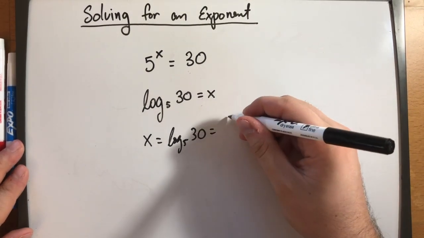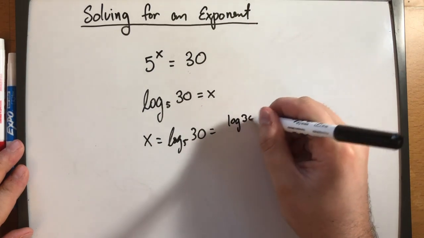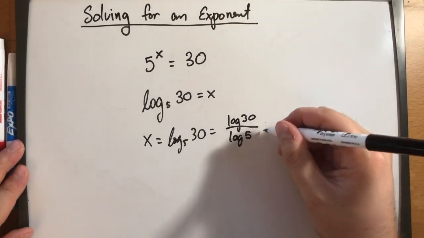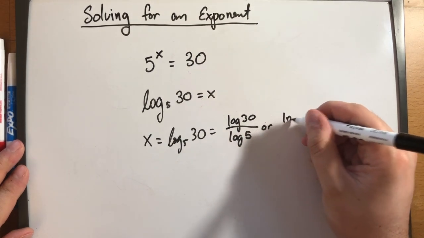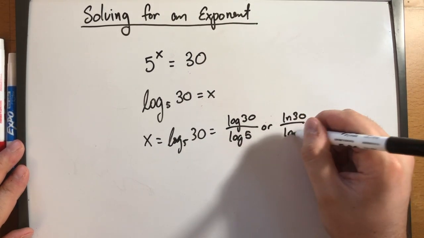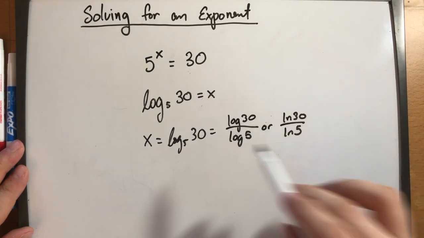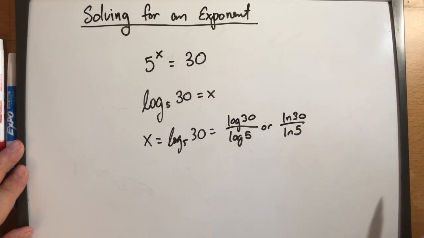So we can go here and say log 30 divided by log 5 with the change of base rule, or you could have done ln 30 divided by ln 5. Doesn't matter, you would get the same answer, but either of these you can plug into your calculator.